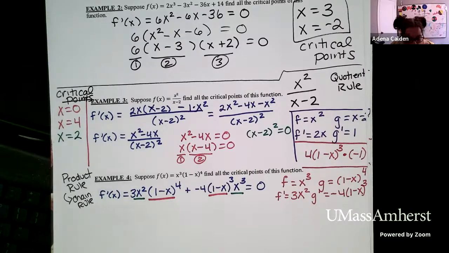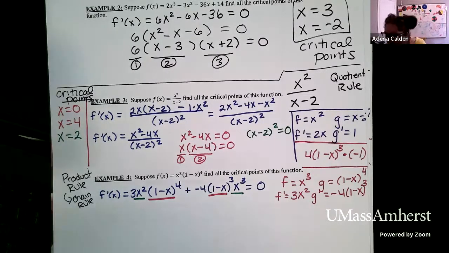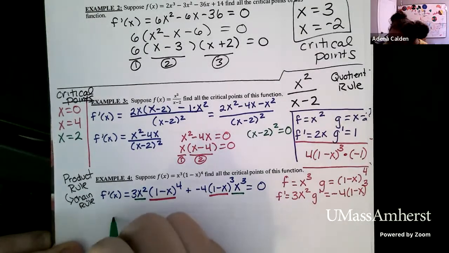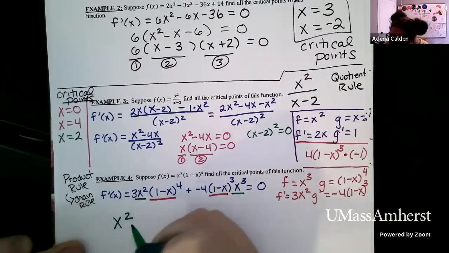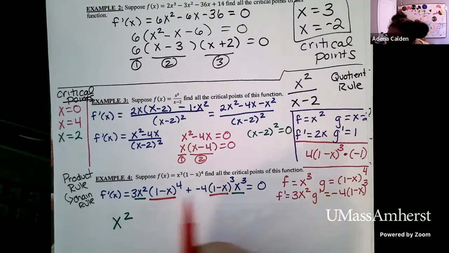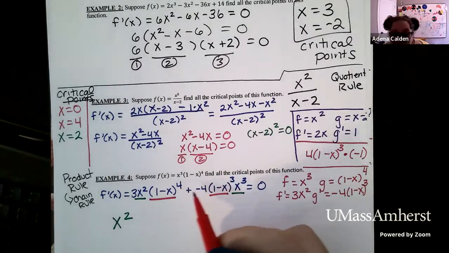So when thinking about what to pull out, let's start with the x term. I have an x squared and an x cubed. When you factor, you want to pull out the lowest power in your terms here. So the lower power is 2. So that means I'm going to be pulling out an x squared. And then when I consider the 1 minus x terms, I'm going to think about the same thing. So for the 1 minus x terms, I want to take the one to the lowest power.